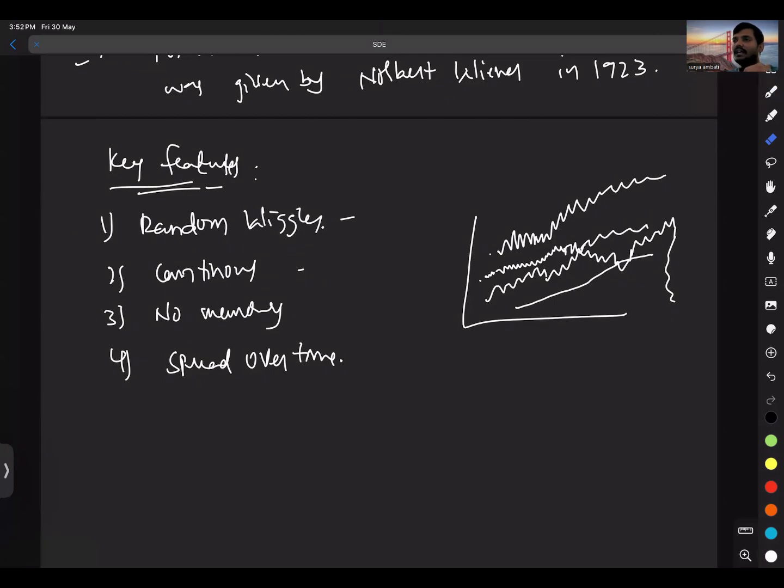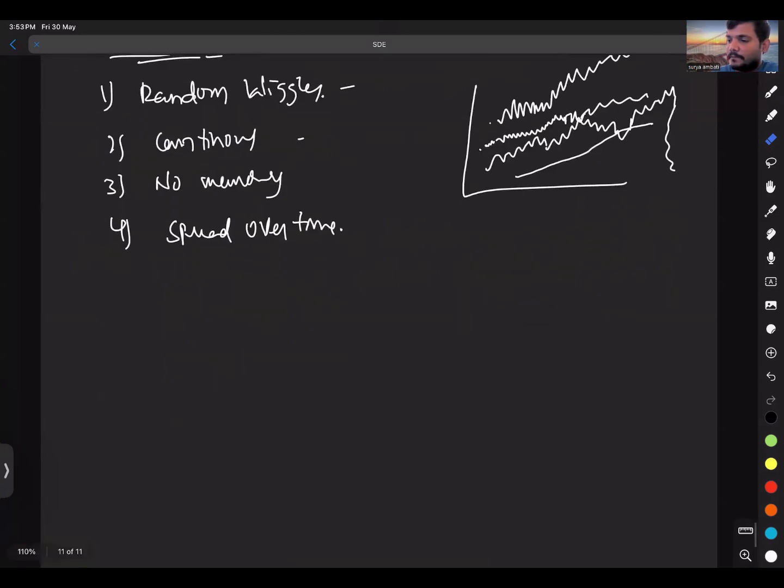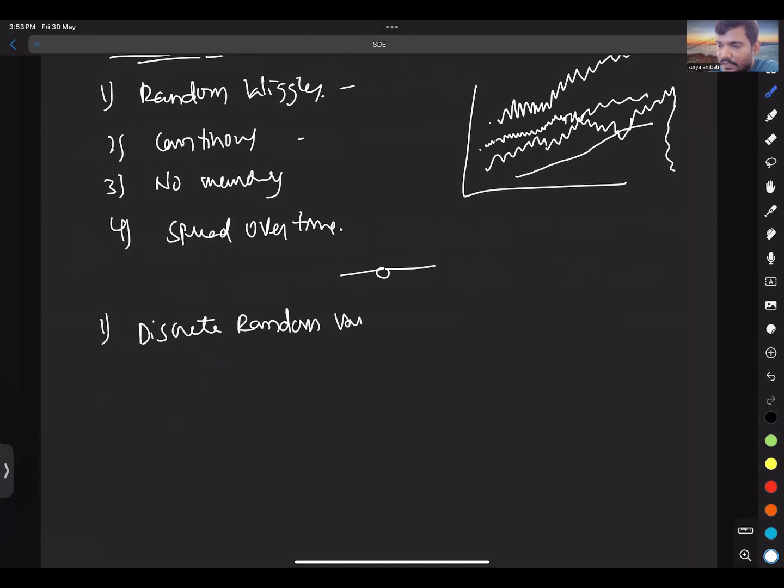So first I will explain how we can find the Brownian motion for a discrete random variable, then how this discrete random variable converts into the continuous. I'll explain with examples. Let me write it down. So first I told, I'll explain the discrete random variable.